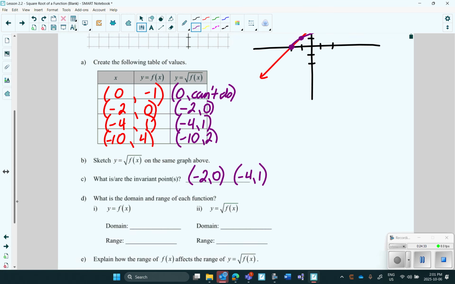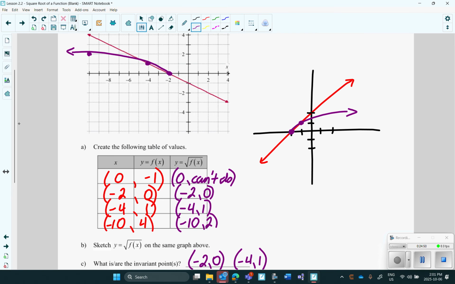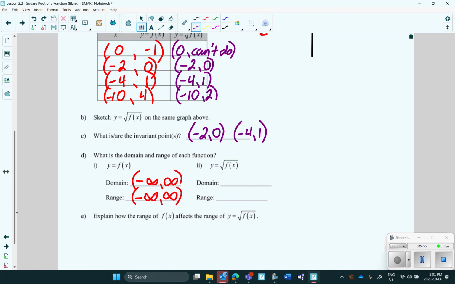Negative infinity to positive infinity. What about the domain and range after we square rooted it? Negative infinity to negative 2, and the range is 0 to infinity.